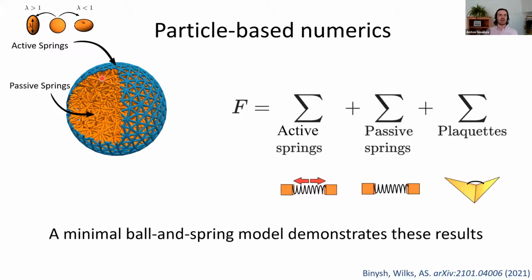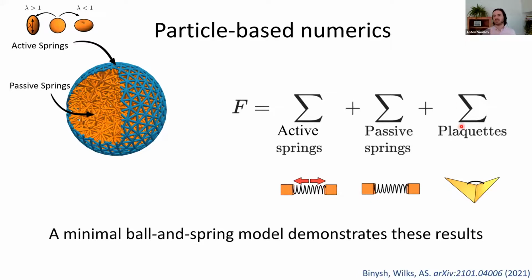All of the springs have these active stress elements in them. And by expanding, they will try to overall expand the surface area of this ball and therefore lead to a negative surface tension.